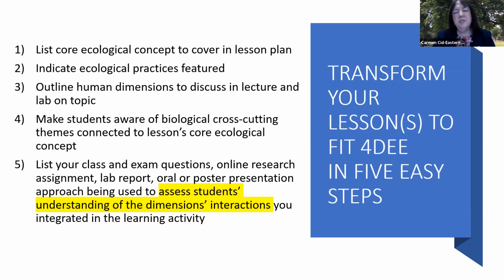Where is the human dimension coming into your discussion in lecture or lab? How are you making students aware that this fits into the larger scheme of biological themes? You have to have questions about this integration of dimensions in your exams, in your quizzes, and very importantly in your lab reports, or have them address it in their own presentations.